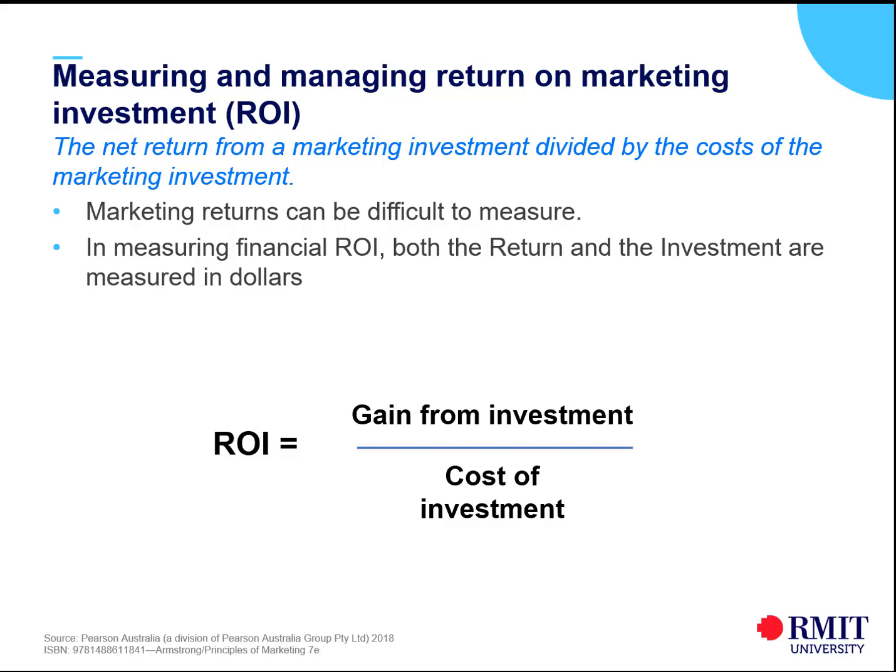We said you need to think of all the tasks that are going to happen, what the return will be, and how much that will cost. At this stage, we have to actually check whether or not we achieve what we said that activity would achieve. In measuring financial ROI, both the return and the investment are measured in dollars. So, what did we get from the investment and how much was the investment?